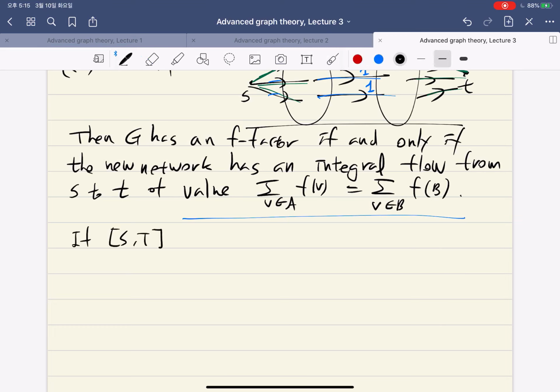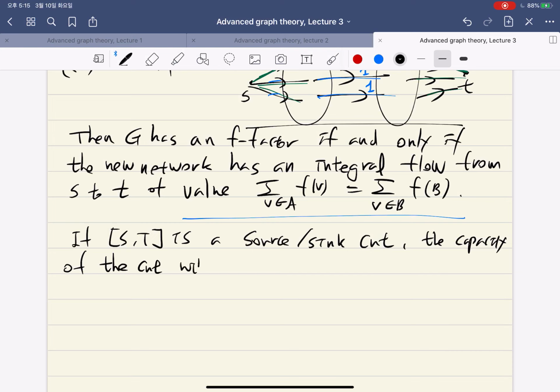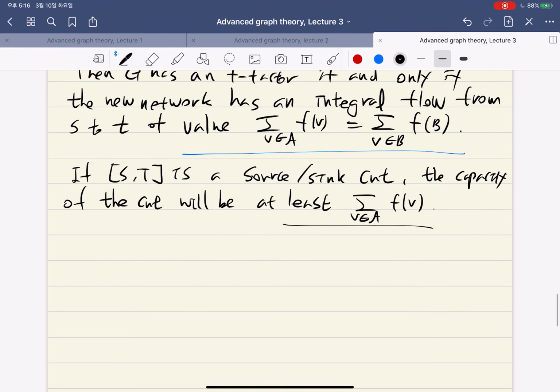If, say, S, T is a source-sink cut, then the capacity of this cut will be at least this number, because... so this is what we want to prove.